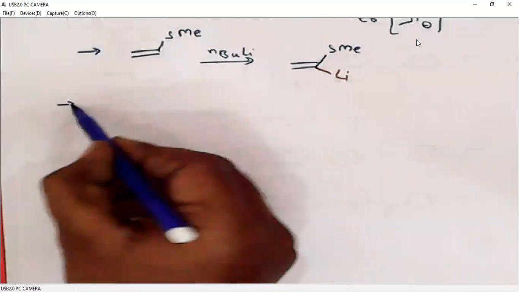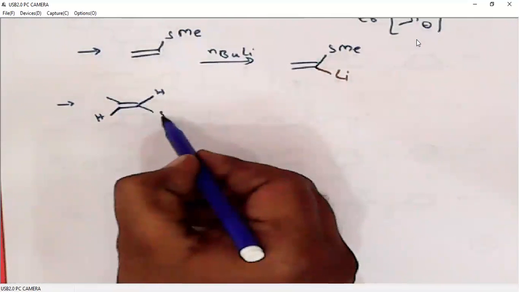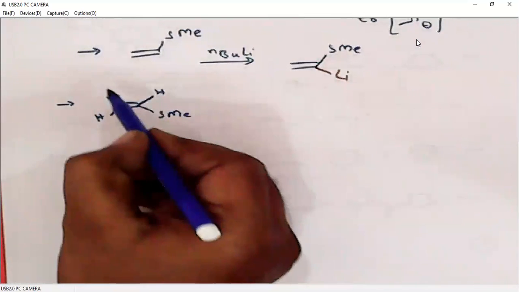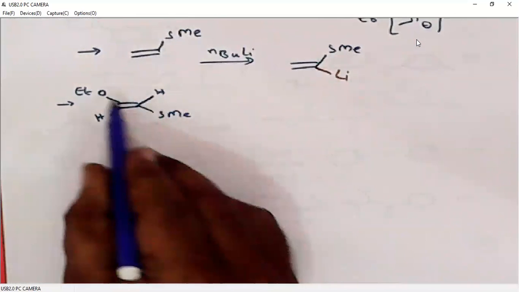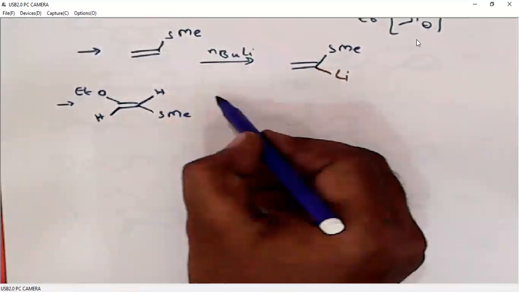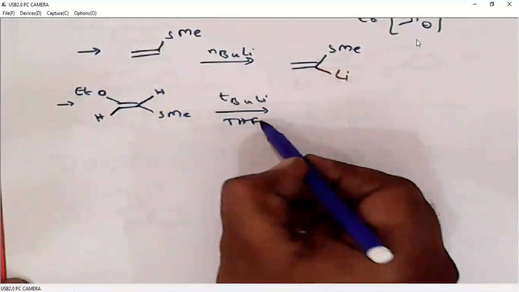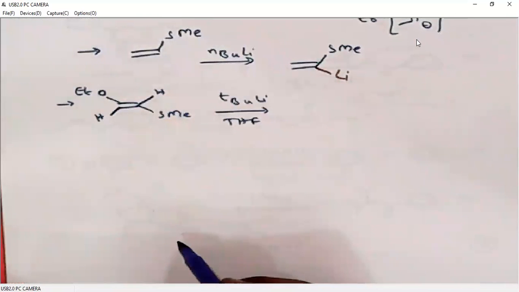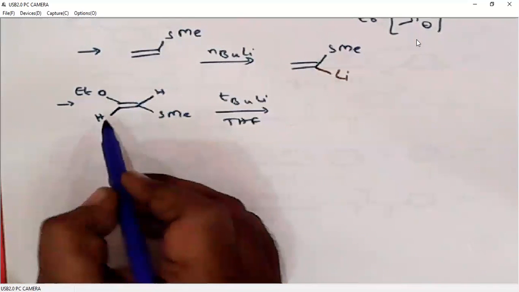And when we have both these functional groups, thioethers and ethers, where will we generate this lithiation, alpha to sulfur or alpha to oxygen?